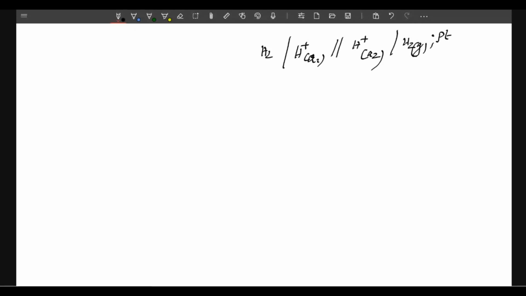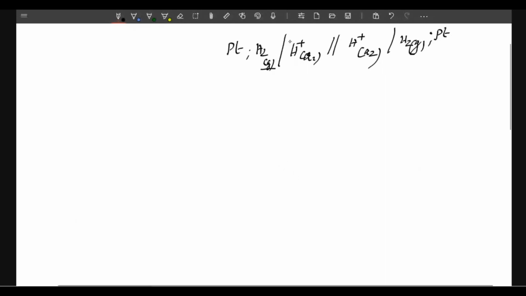Here also hydrogen gas and platinum, here also 1 atmosphere, here also 1 atmosphere. Therefore, there is no electrode concentration difference, but the electrolyte concentrations are different. Therefore, the cell EMF is due to this. Suppose the hydrogen is at 1 atmosphere on one side and 0.8 atmosphere on the other.